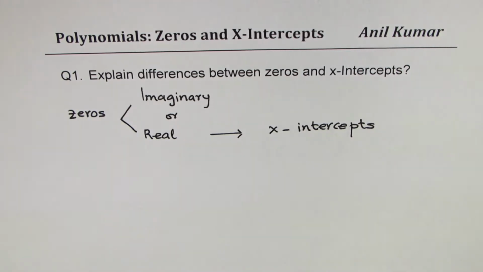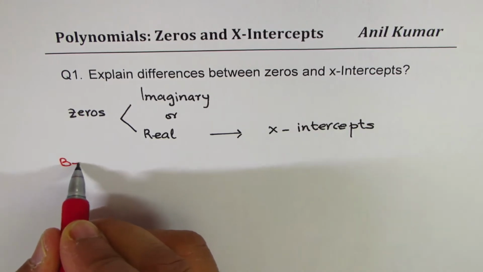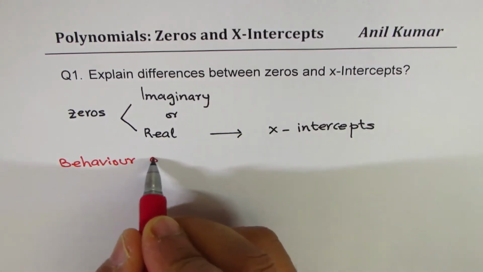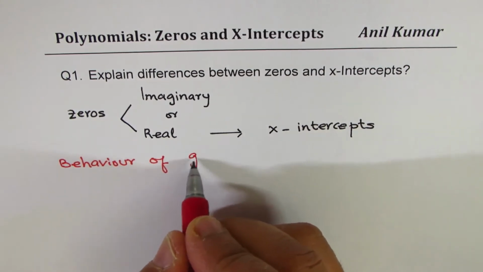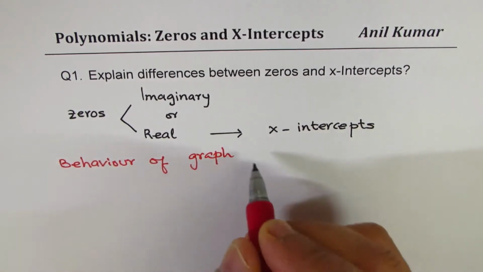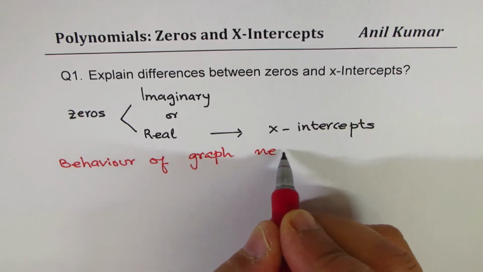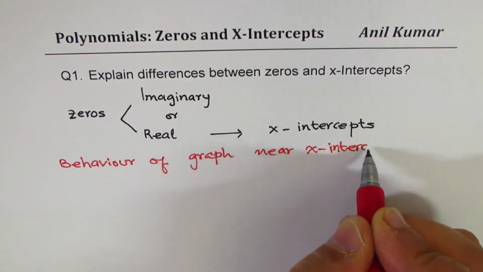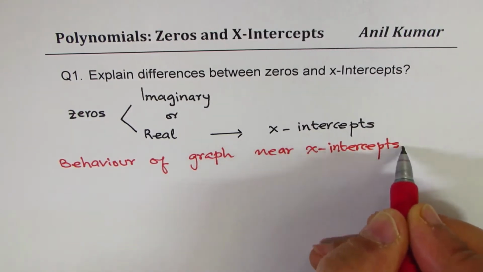Well, there's something more to it, and that is related with behavior of the graph near x-intercepts. Now this is a very important concept.